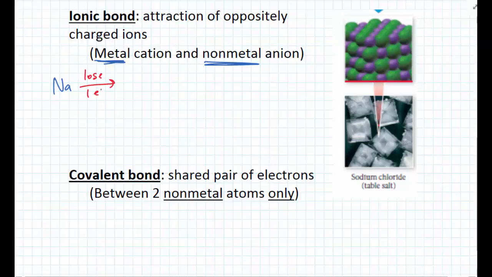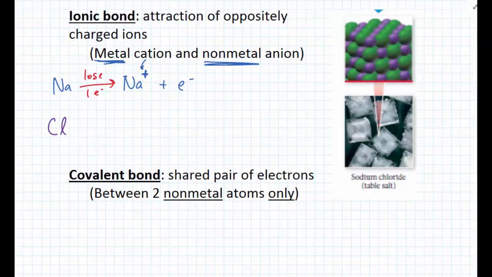Sodium loses one electron to form Na+. That's our cation. And there's that electron. Okay.